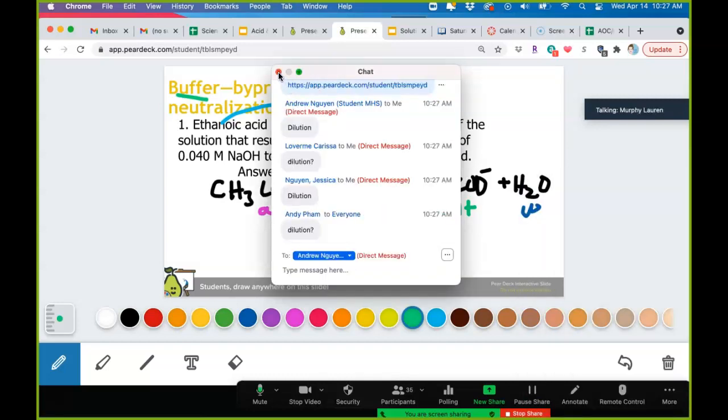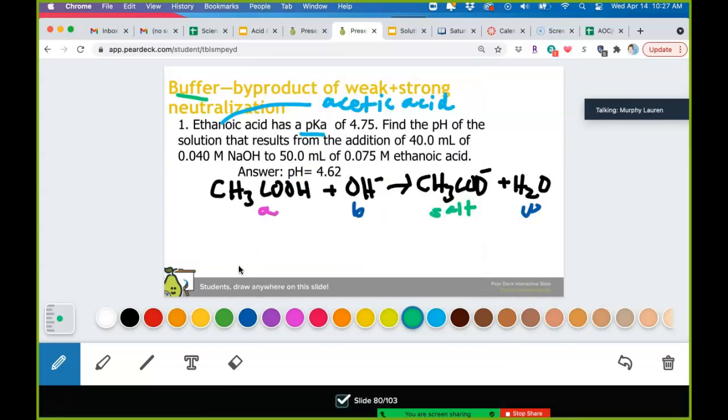Dilution. Very, very good. Dilution. So what is that? M1V1, M2V2 for both species, for the acid and for the base. So let's see, who's given first?